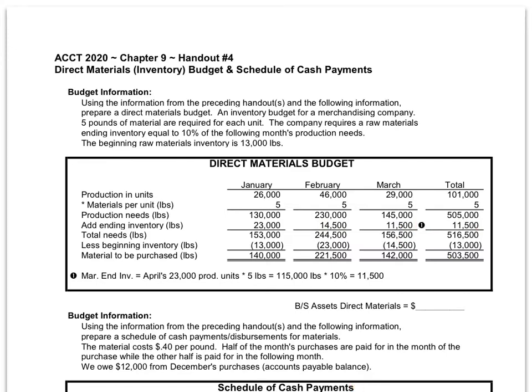So we can take 11,500 and times it by 0.40, and that equals 4,600. So that's going to be my ending inventory for direct materials that will show up on the balance sheet.